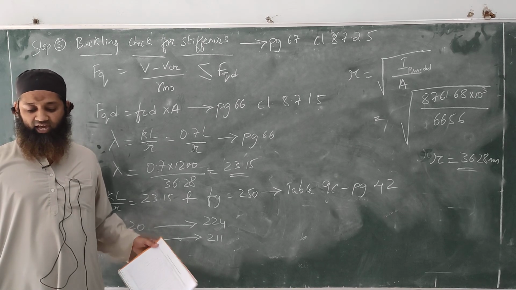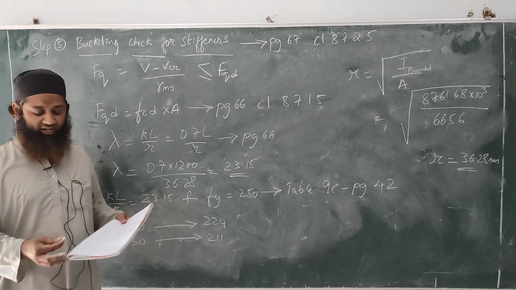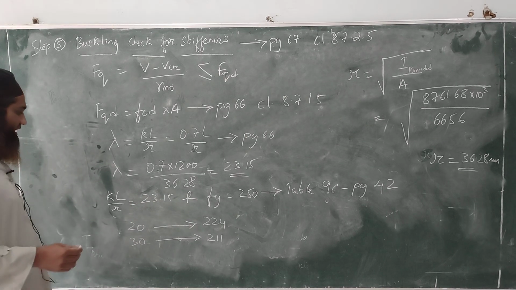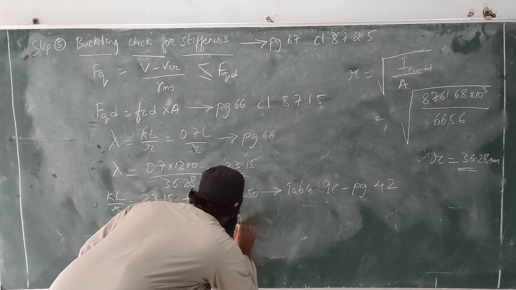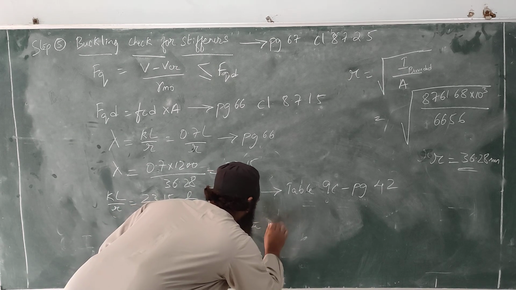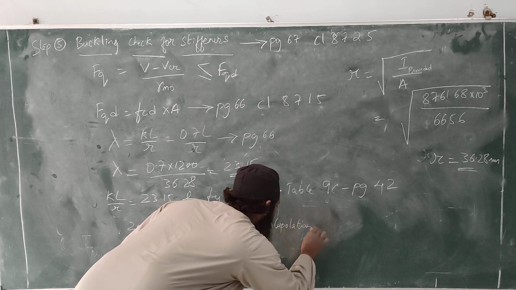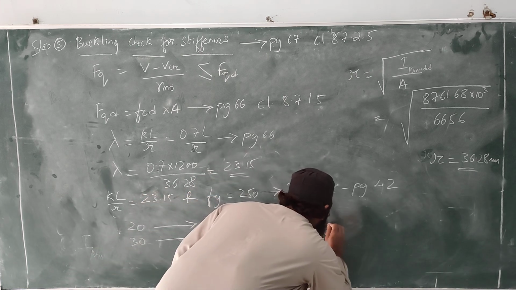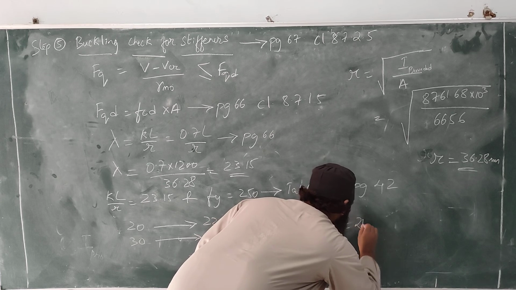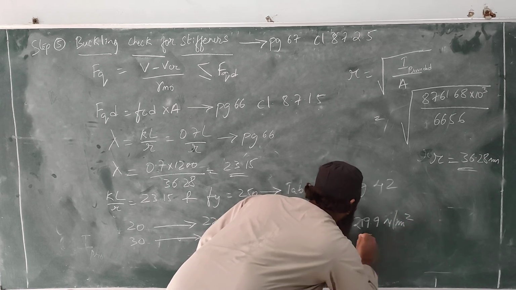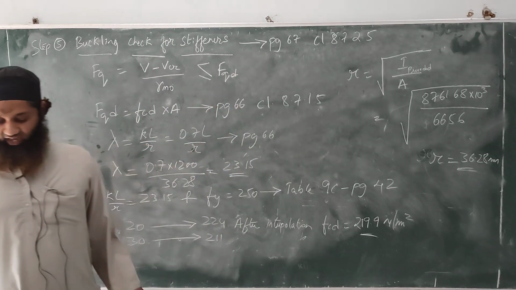After interpolation, I have got the value as fcd, 219.9. This is the value of fcd I have got.